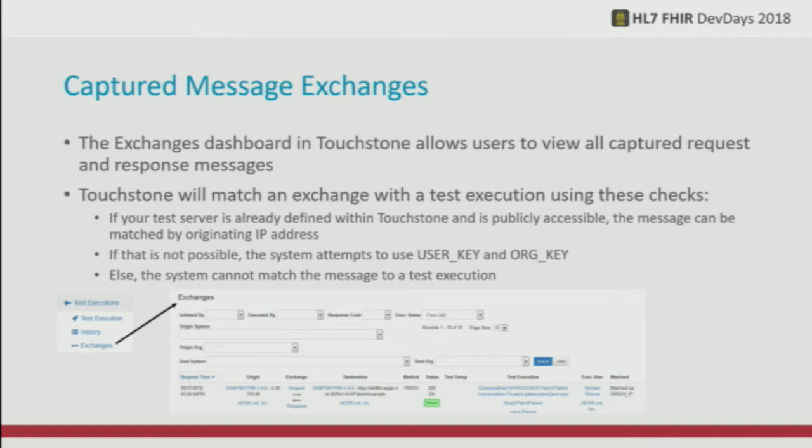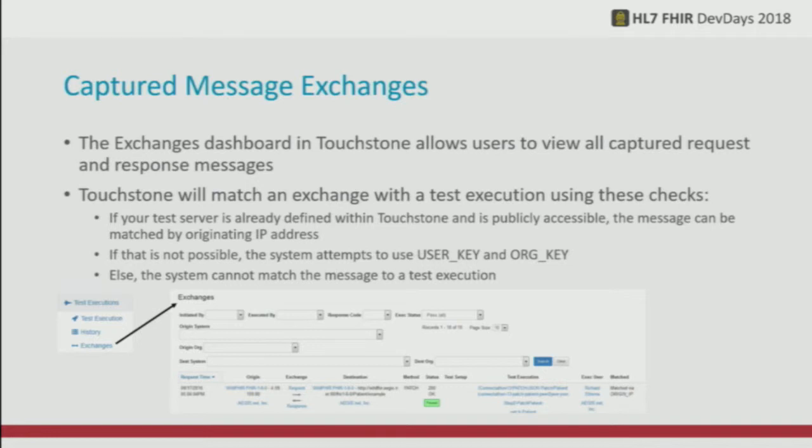So if you define an HTTP custom header called user_key, and you send your user key value in it, we can match by that. Because think about sitting at a Connectathon or a DevDays event, and you've got a client on your laptop, and you're sitting on the DevDays Wi-Fi for this building. What's your IP address? Good question. So sometimes we just don't know what your IP address is.